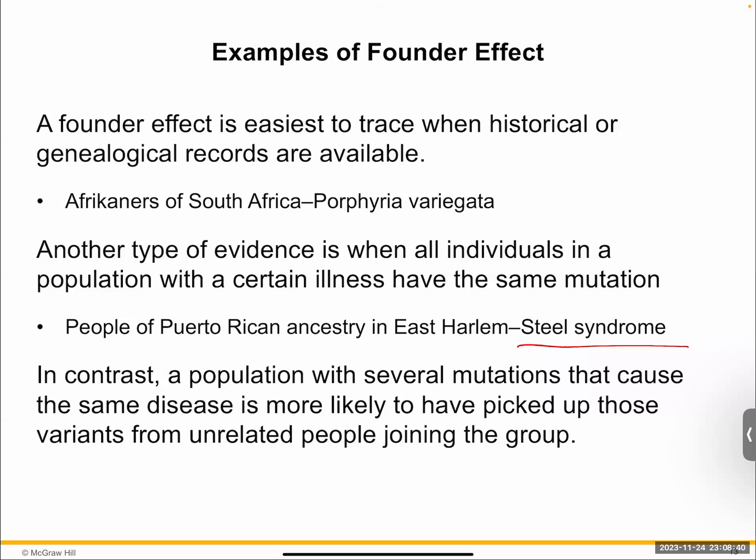Now, if you're looking at individuals in these populations, the number of individuals that may be affected by these medical conditions and illnesses may be significantly higher compared to where that population actually came from, because of the founder effect.